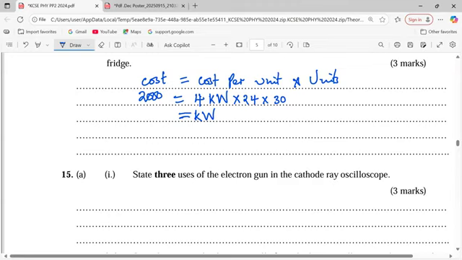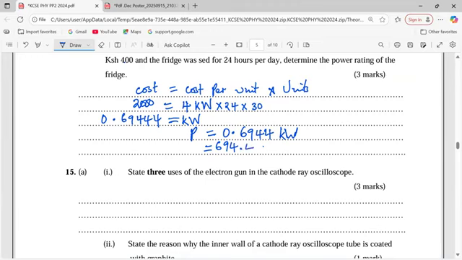This becomes 0.69444 recurring. So the power now is going to be 0.6944 kilowatts, which when we multiply by 1,000 to make it watts, is 694.4 watts.